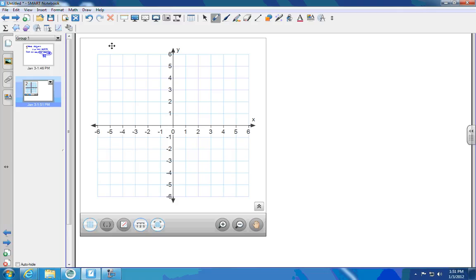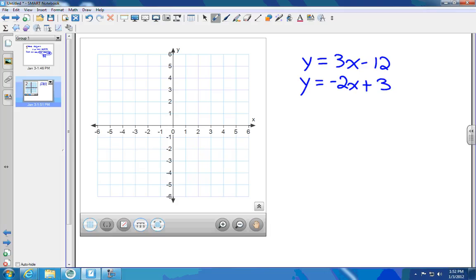We'll solve one where they're already solved for y. Y equals 3x minus 12. And so there's going to be two equations here. Y equals negative 2x plus 3. So we have two equations.